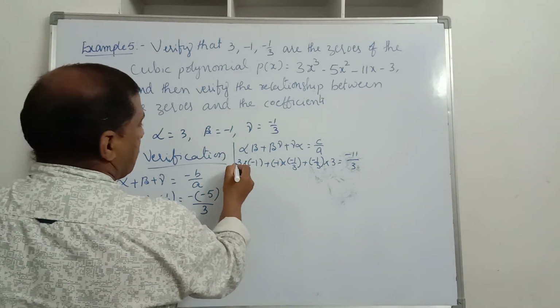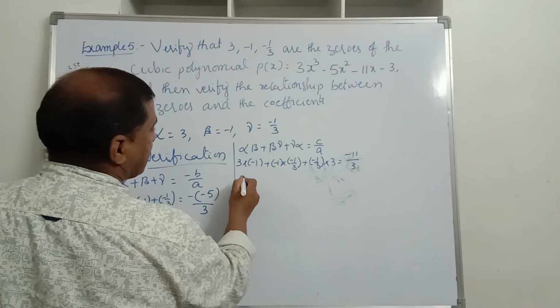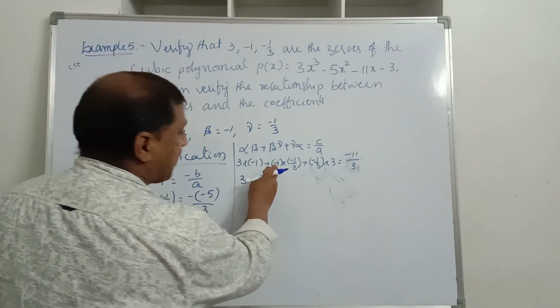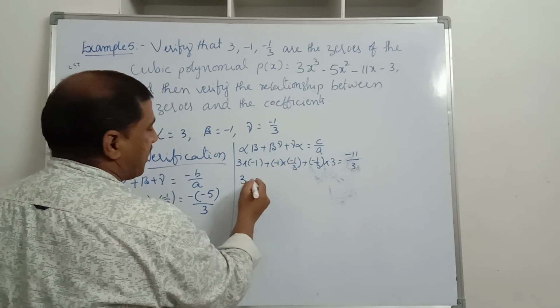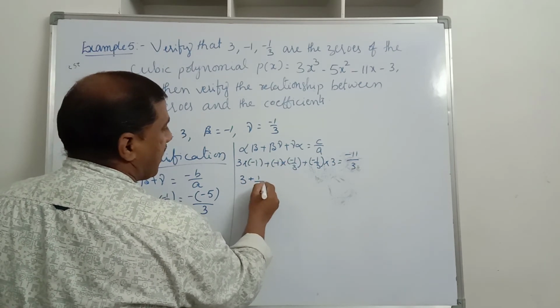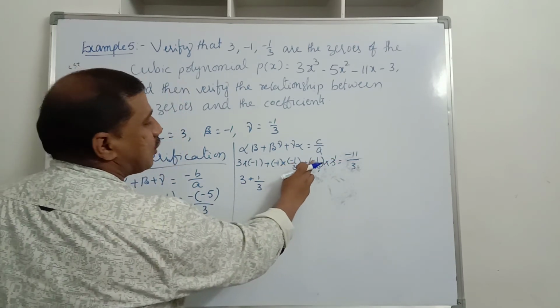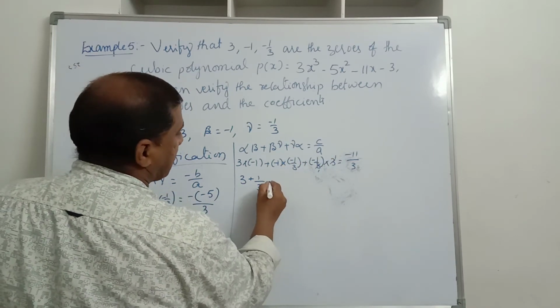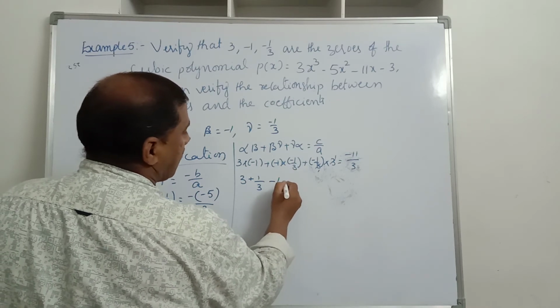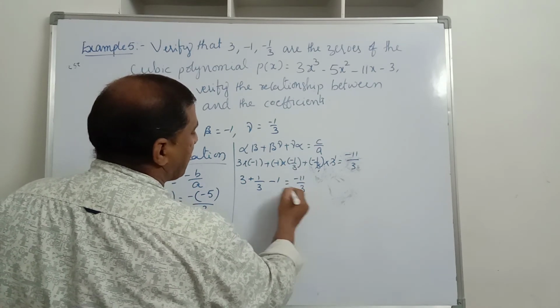Now plus into minus is minus, 3 into 1 it is 3. Minus into minus it is plus, 1 into 1, 1 by 3. Now 3 1s are 3. Plus into minus is minus, minus into plus it is minus, 1 into 1 it is 1, that is equal to minus 11 by 3.